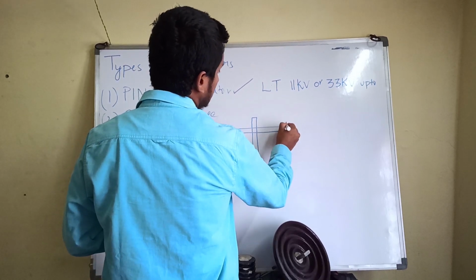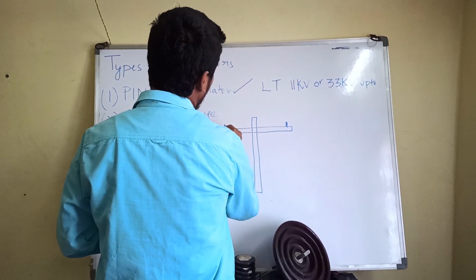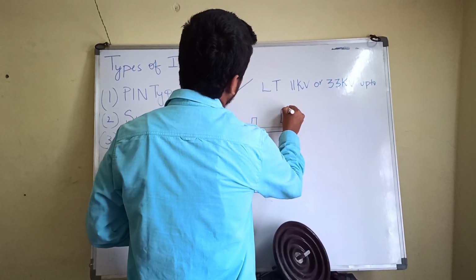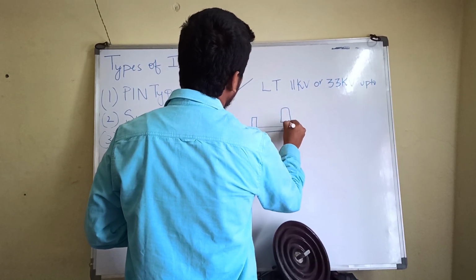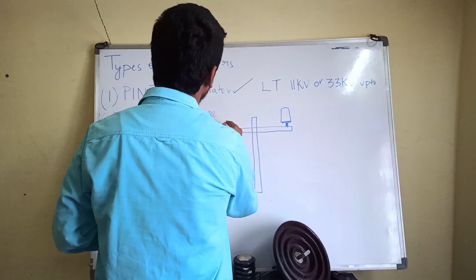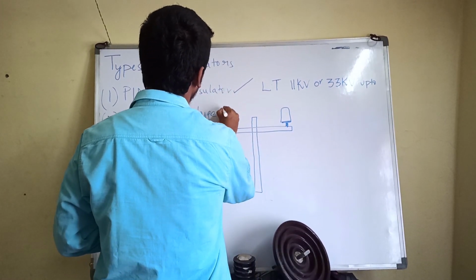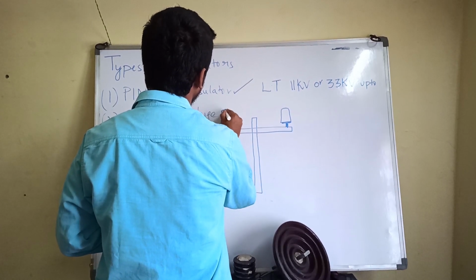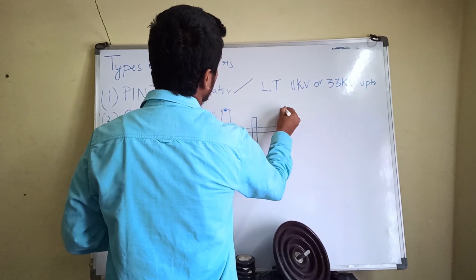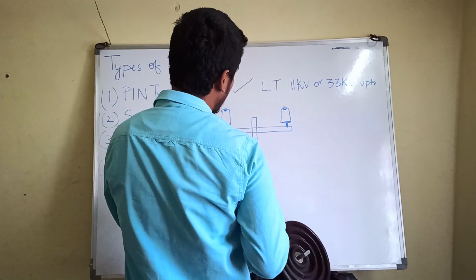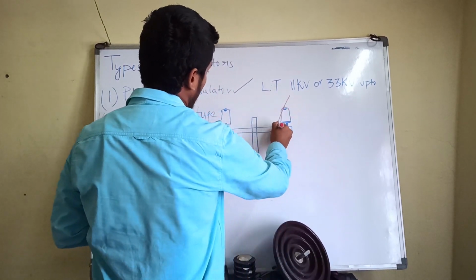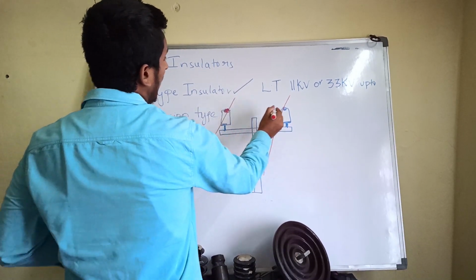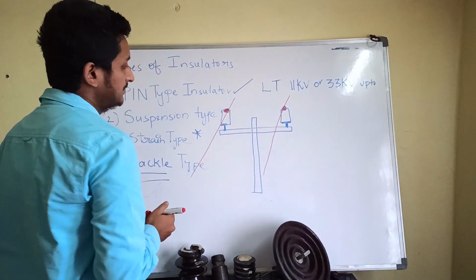Your insulator pins will be kept here like this, and whatever the LT type of insulator is placed, you are going to finally place it on the cross arms. This is how you are going to place. This is your groove. Now your conductor will be running like this. Your conductor will be placed in the groove and it will be running like this.